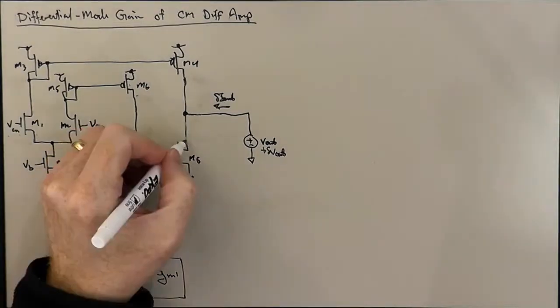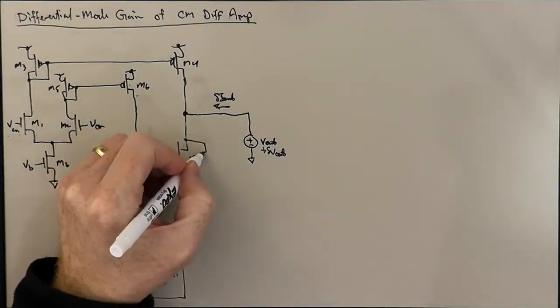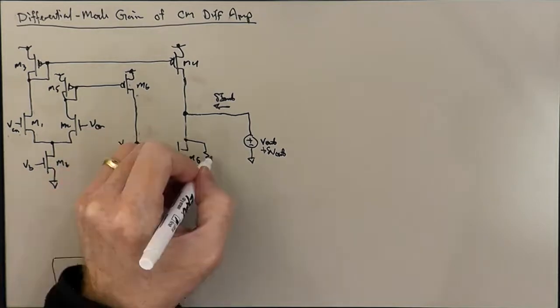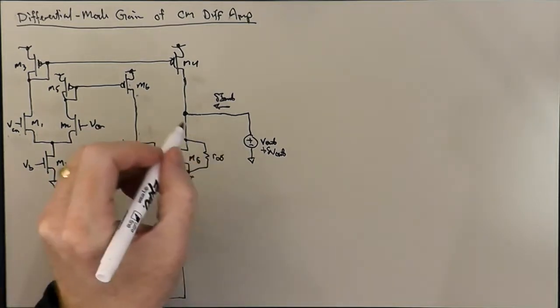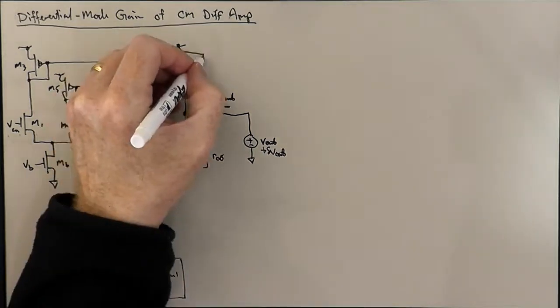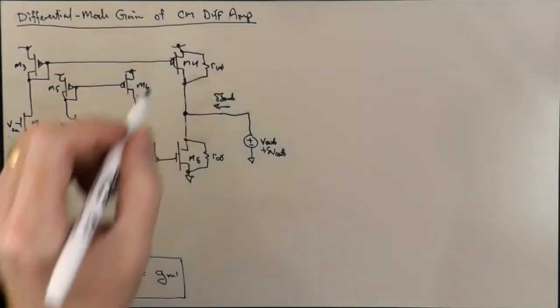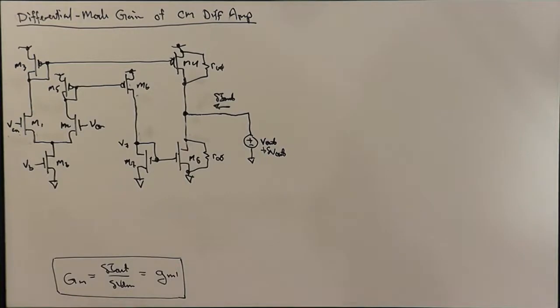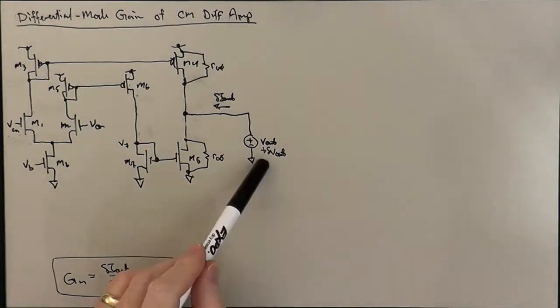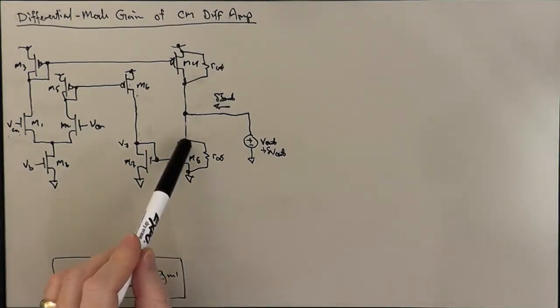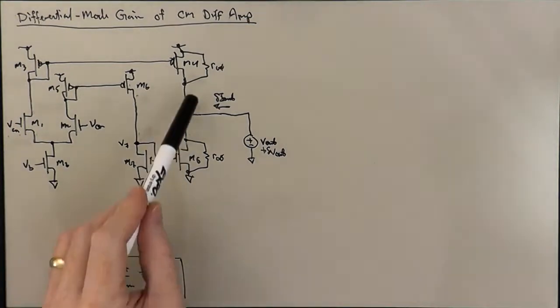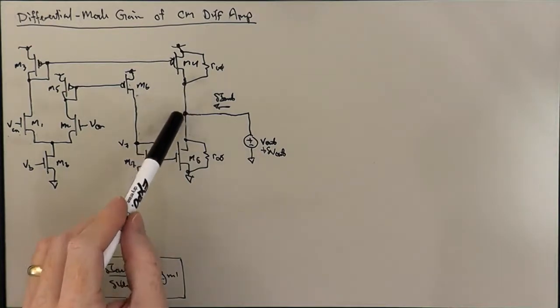And so we're going to have an RO8 in parallel with M8. We're going to have an RO4 in parallel with M4. And we're going to use voltage source splitting. So we're going to split this voltage source into 4 replicas, one connected to each of the things connected to the voltage source.